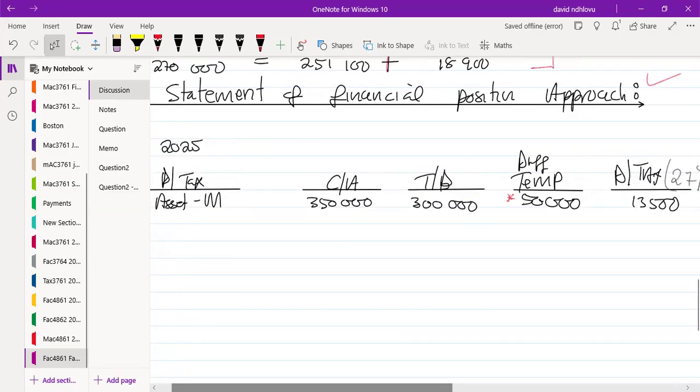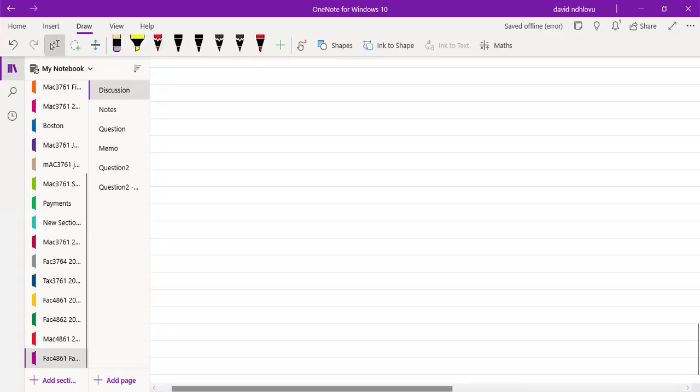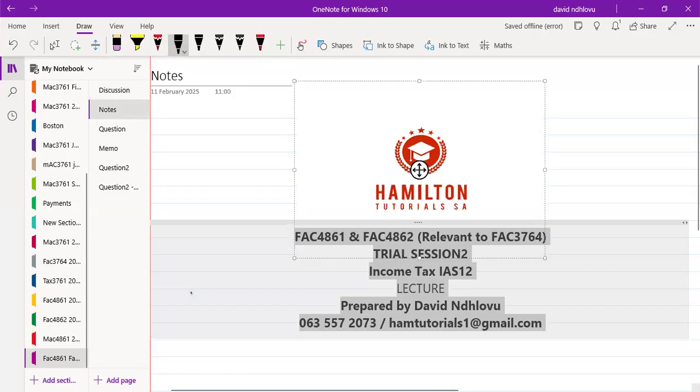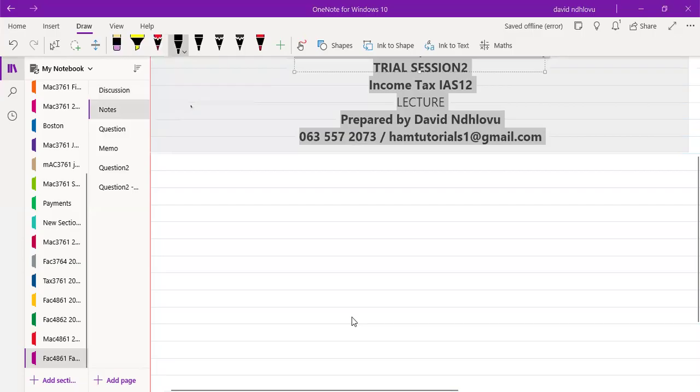The question is, is this going to lead to a deferred tax asset or a deferred tax liability? We have the rules in accounting for deferred tax. So these rules, let me write them here. It's going to be a liability.